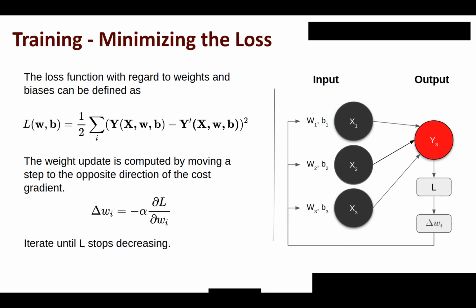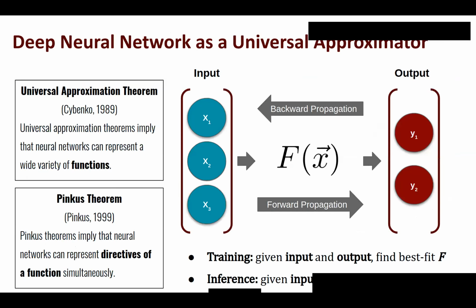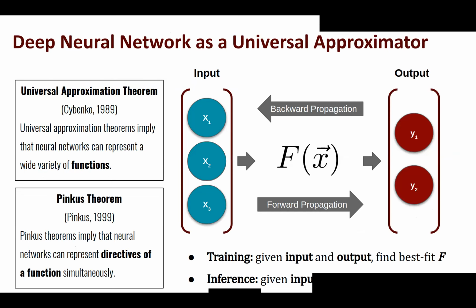If you're using some deep learning frameworks like TensorFlow or Python, they have built-in functions for you to do all this quickly. So to summarize, I think we can consider a deep neural network as a universal approximator, and this has been proved rigorously by some mathematicians not so many years ago.